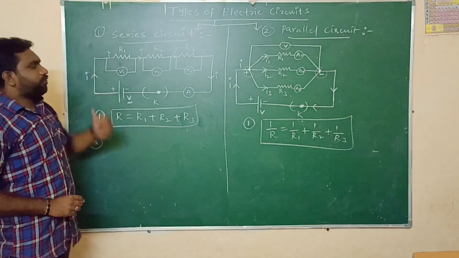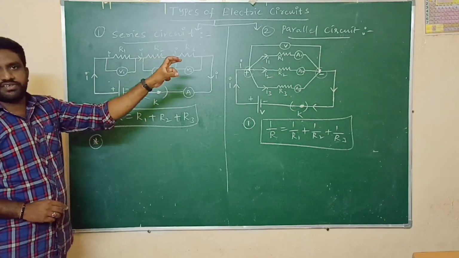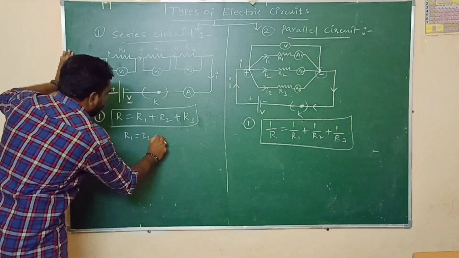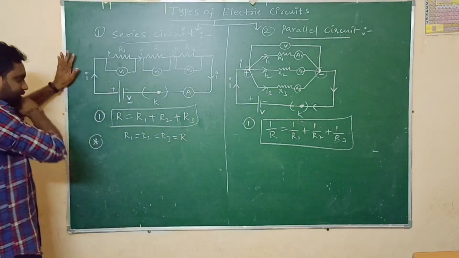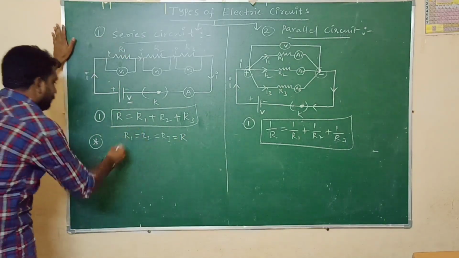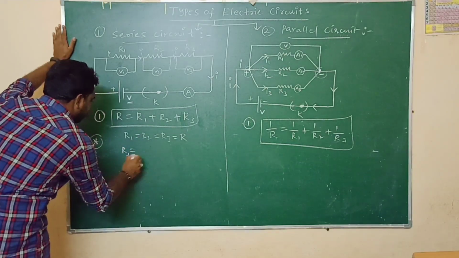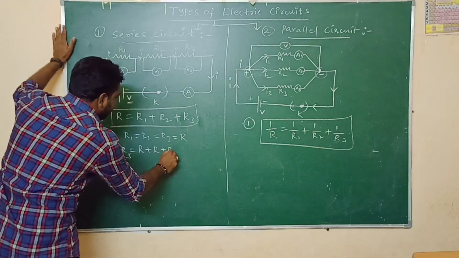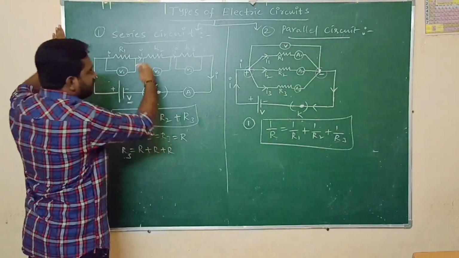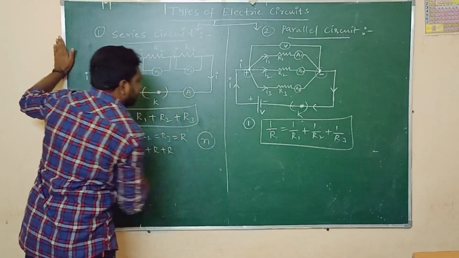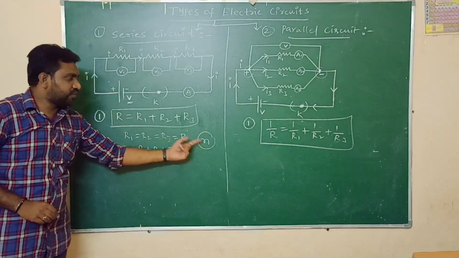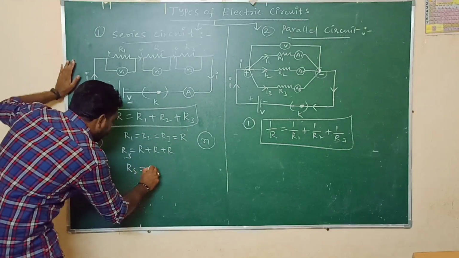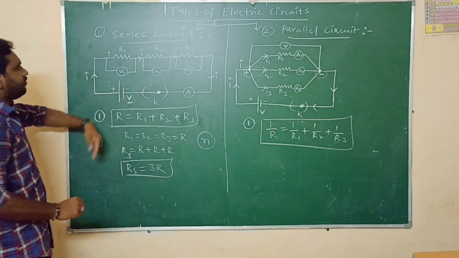For example, if all the resistors have the same resistance, that means R1 equals R2 equals R3 equals R, then the effective resistance when they are connected in series is given by Rs equals R plus R plus R. Suppose the total number of resistors connected in series is N. So here we get Rs equals 3R, but that is for only 3 resistors.